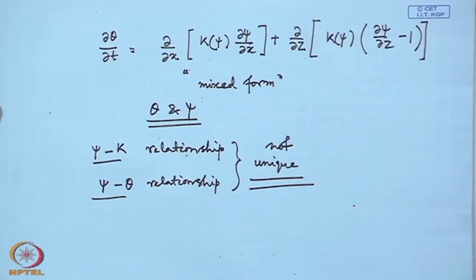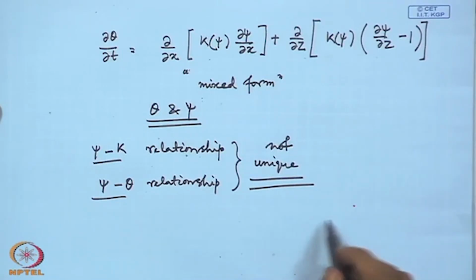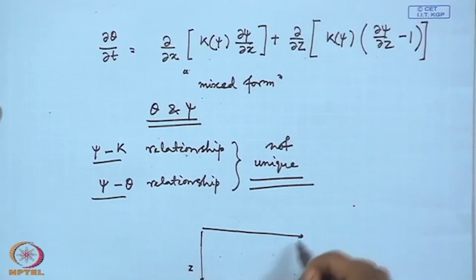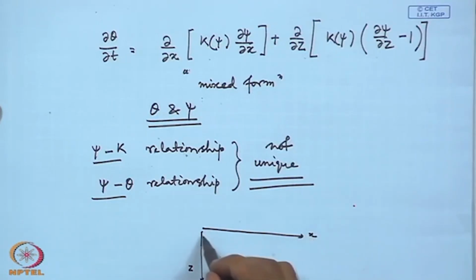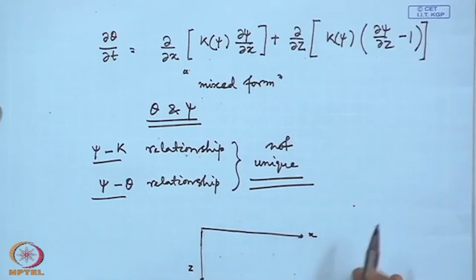So, we can have a situation like this where this is x direction, this is z direction. Although these do not make exactly 90 degrees, approximately these are considered to be 90-degree situations.